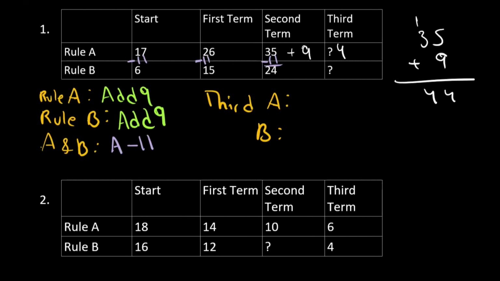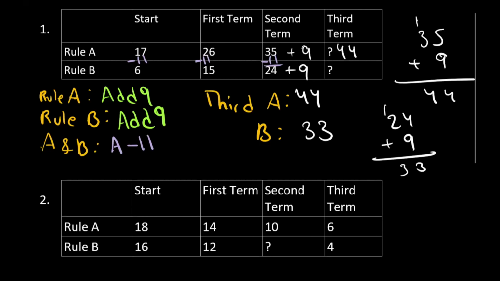So this would be 44. Okay, and then the same rule is for B, to add 9. So 24 plus 9. 9 plus 4 would be 13. 2 plus 1 is 3. 33. And now let's check with rule A and B.